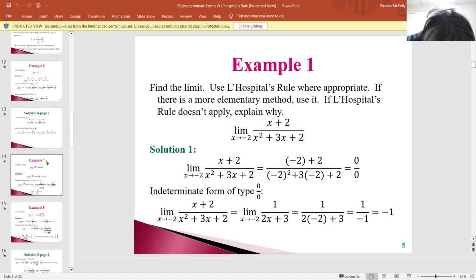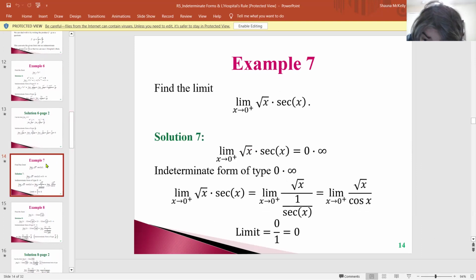Yeah, it's example 7 right here. There's an error here, okay? Find the limit. I believe this has since been fixed, but the limit as x approaches 0, this limit is correct. However, the form is not indeterminate. And let me show you why that is.